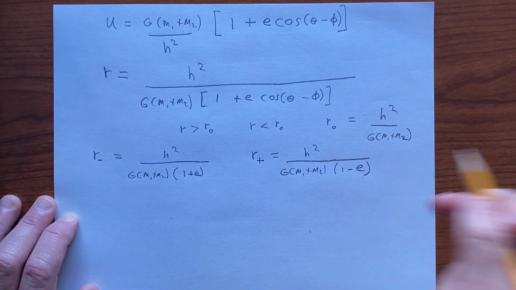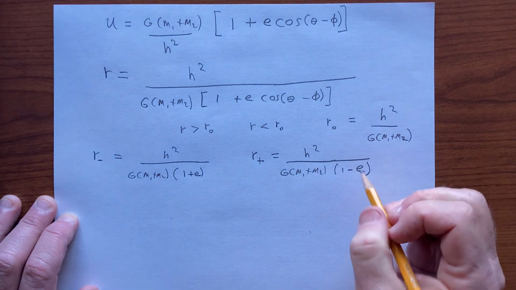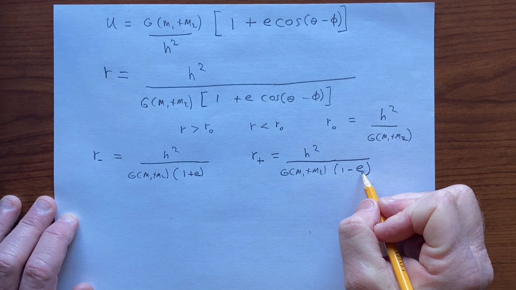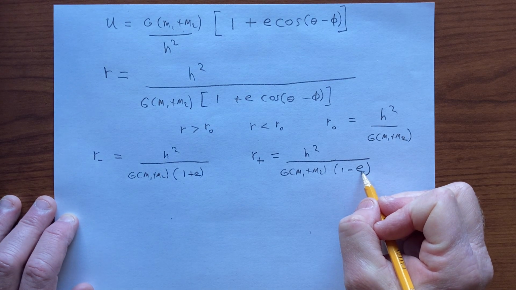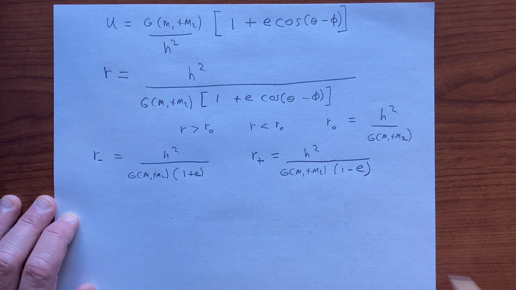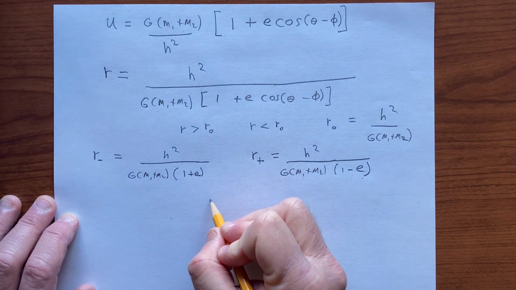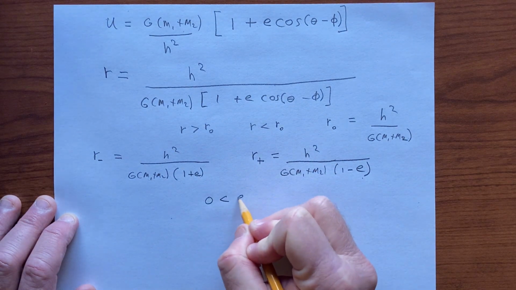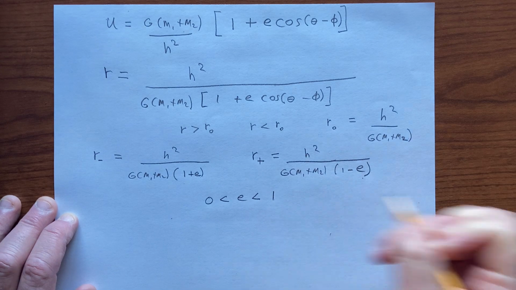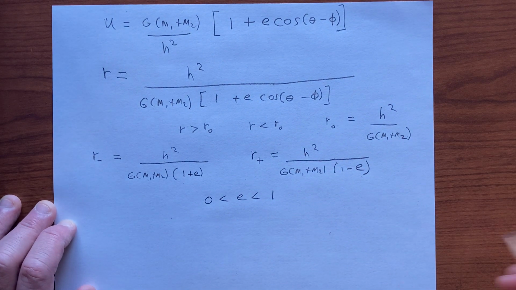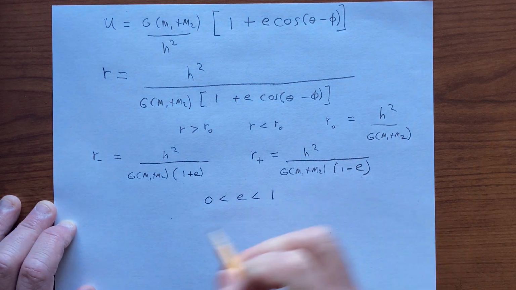So notice that epsilon has to be less than 1. So there are solutions where this thing lives in that space, and when that's the case, it's actually an ellipse.